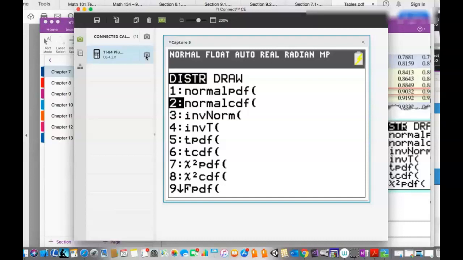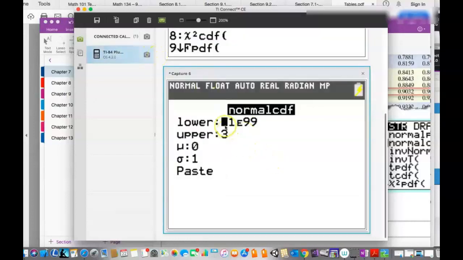The first part here, as you can see, we have distribution. So choosing number 2 normal CDF, because we have to enter lower and upper value. So pressing that one. So enter. After you pressed enter, you're gonna see something like this.